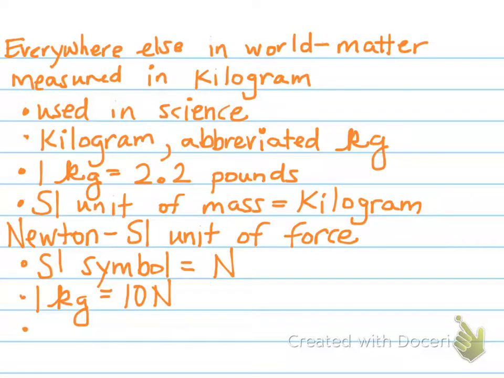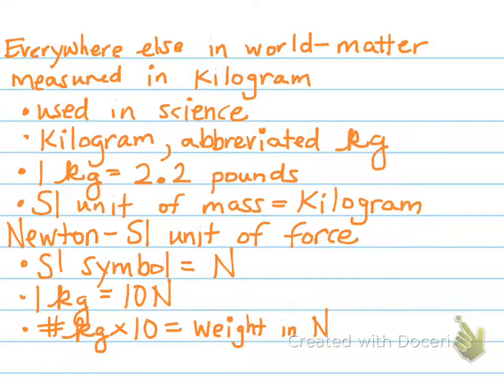So if I want to take the number of kilograms and figure out its weight in newtons, I'd multiply it by 10. And if I have my force in newtons, I would divide it by 10 to get my mass in kilograms.